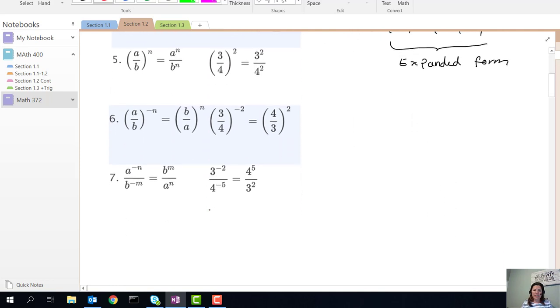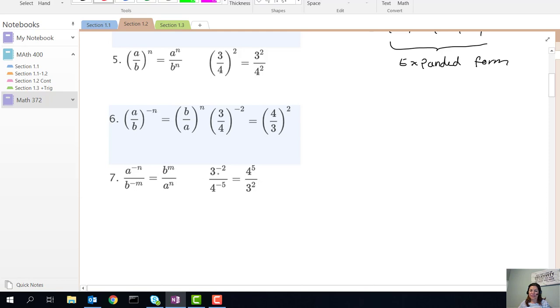And a negative exponent means you can take the reciprocal, and negative exponents here on the bottom, number 7, you can switch them. Anytime you have a negative, it just means it belongs on the other side. So a to the minus n goes to the bottom as a to the positive n, and b to the minus m goes to the top as b to the positive m.